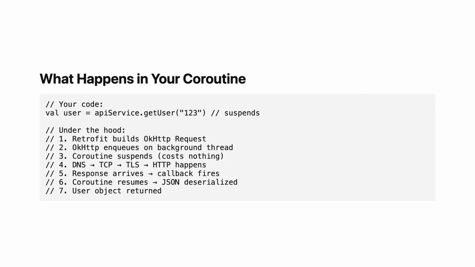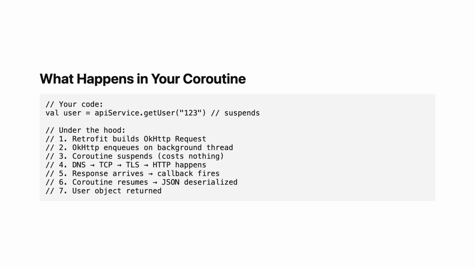Let us come back to your coroutine for a moment. When you call that suspend function, Retrofit creates the OkHttp call and enqueues it on a background thread. Your coroutine suspends. It is not blocking any thread. While OkHttp does all the networking we just described, DNS, TCP, TLS, HTTP, your coroutine is just sitting there, suspended, costing almost nothing.